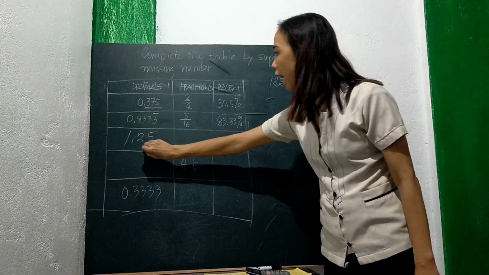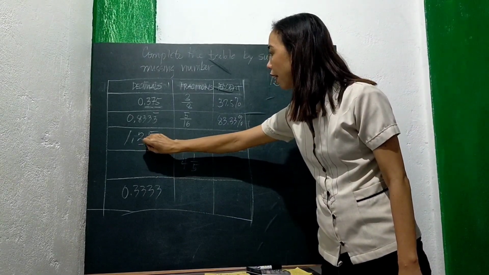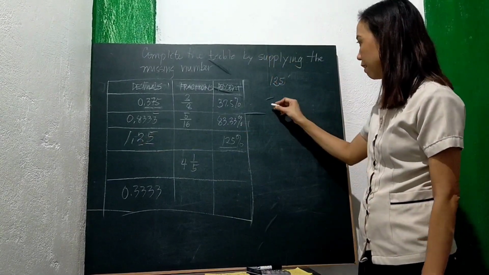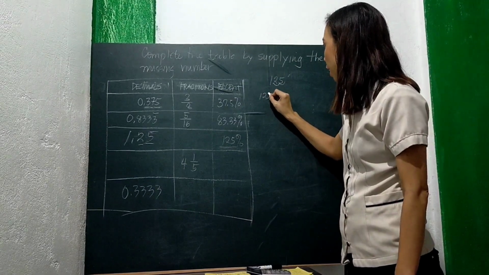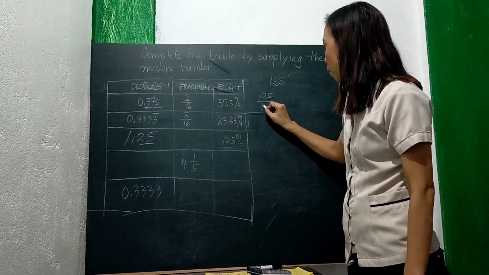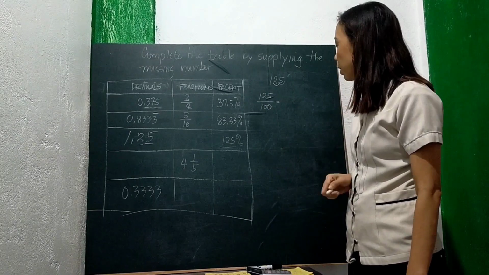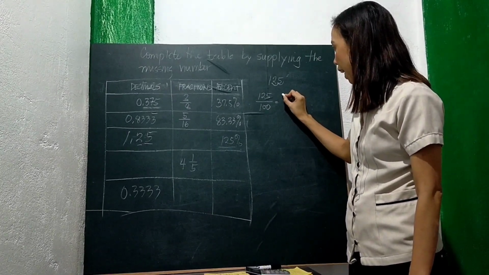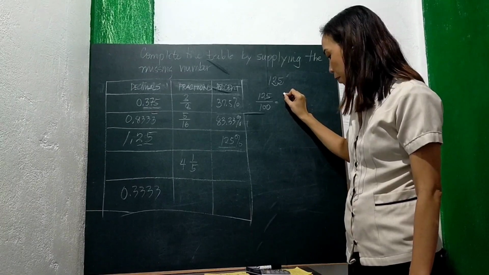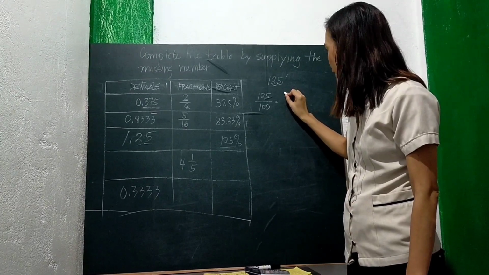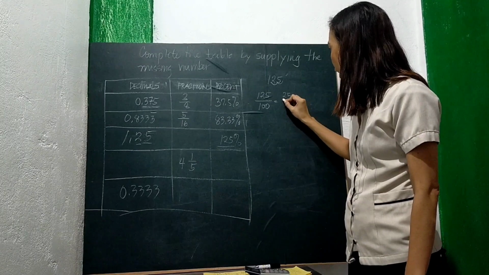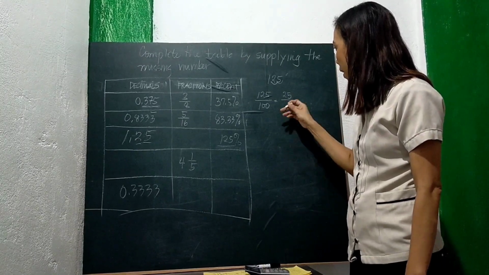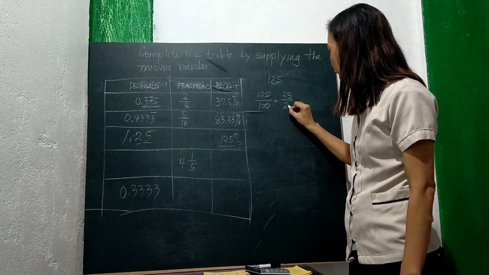So we have tens and 100, 2 decimal places. So we have 125 over 100. Is this 2 divisible by 5? Yes. So we will divide this by 5. 125 divided by 5 is 25. And 100 divided by 5 is 20.